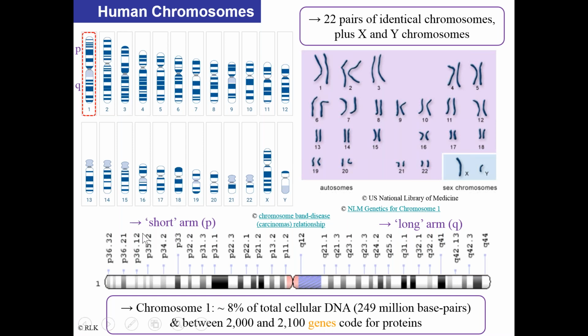So for example, chromosome 1, which is the largest of the 22 pairs of identical chromosomes, plus then the 2 germline, the sex chromosomes. Chromosome 1 comprises about 8% of the total cellular DNA, which is about 249 million base pairs. And it has between 2,000 and 2,100 genes that code for proteins.